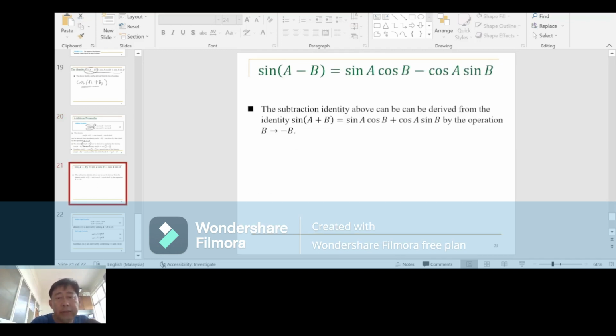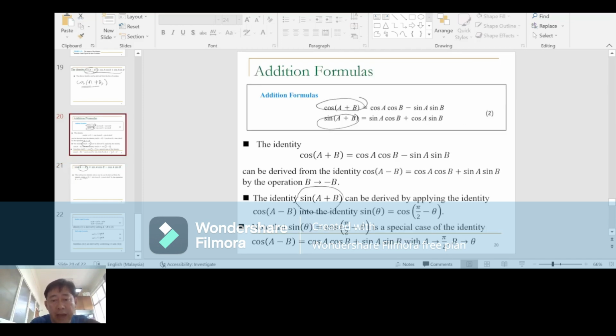And also, I think in this slide, I explained to you, once you know the identity of sine of a and b, how do you arrive at the identity for sine of a and b? So here, I do not show you the derivations of sine of a plus b. So you go and try to read up how to derive this. It should be just quite straightforward.